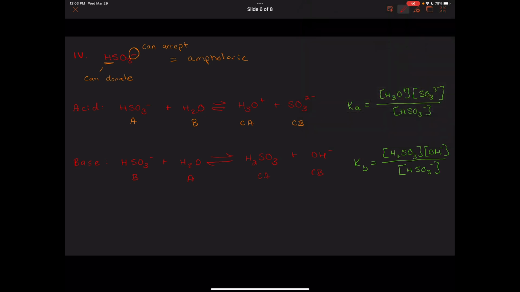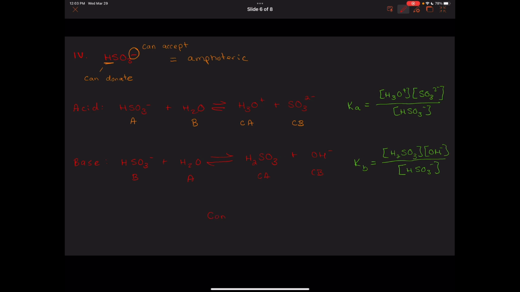Now, in reality, HSO3 minus is not doing both at the same time. It's doing one or the other, and it all depends on what it's interacting with and which is stronger. And depends on whether or not this HSO3 minus is a stronger acid or a stronger base. To know what it's actually doing, we would have to know the Ka and Kb values.